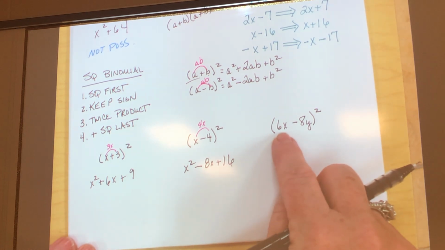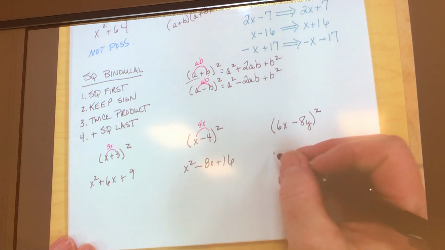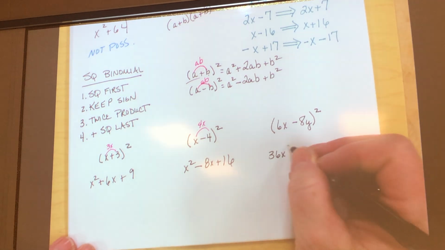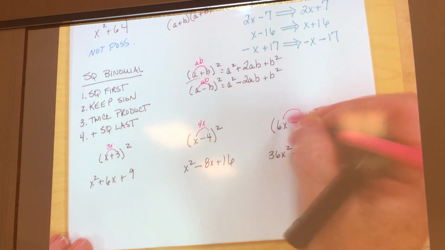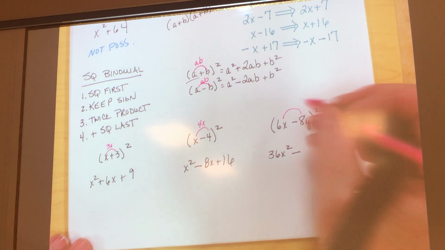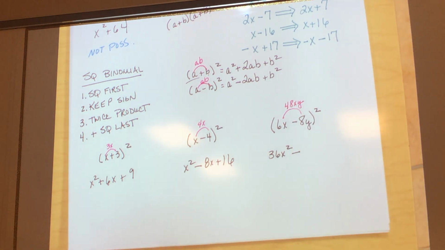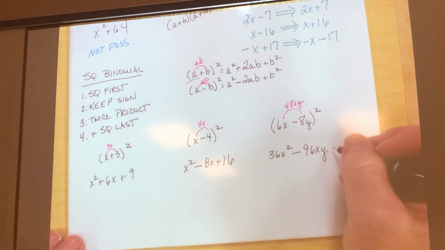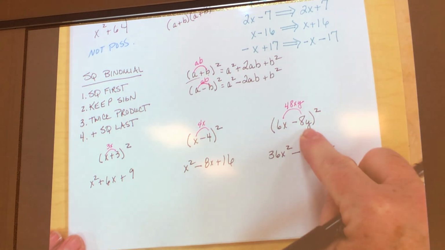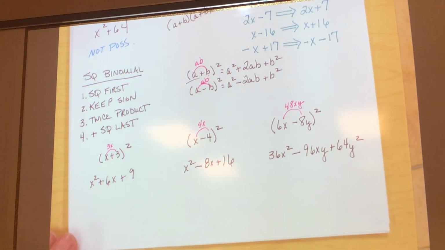So remember, when you square the first, you have to square everybody, the number and the variable. So 36x squared. Keep the sign, minus. What is their product? 48. Yeah, 6 times 8 is 48xy. What's twice that? 96xy. Very good. Plus, square the last. What do you get? 64y squared. All right.